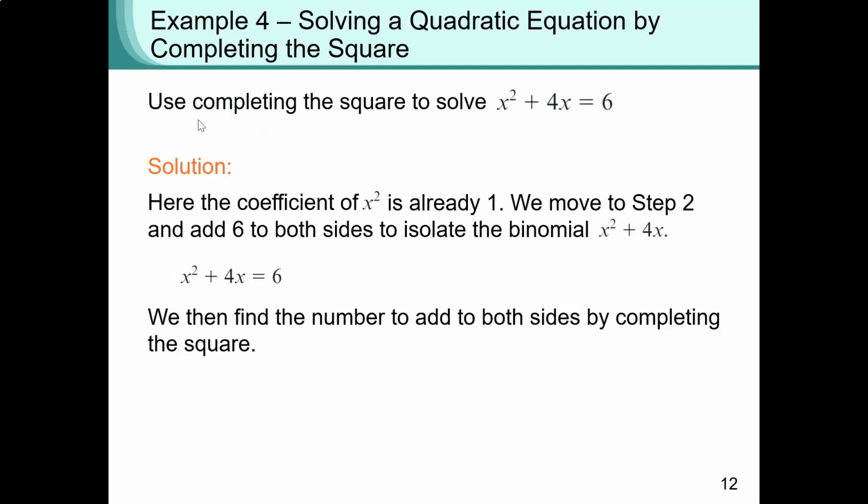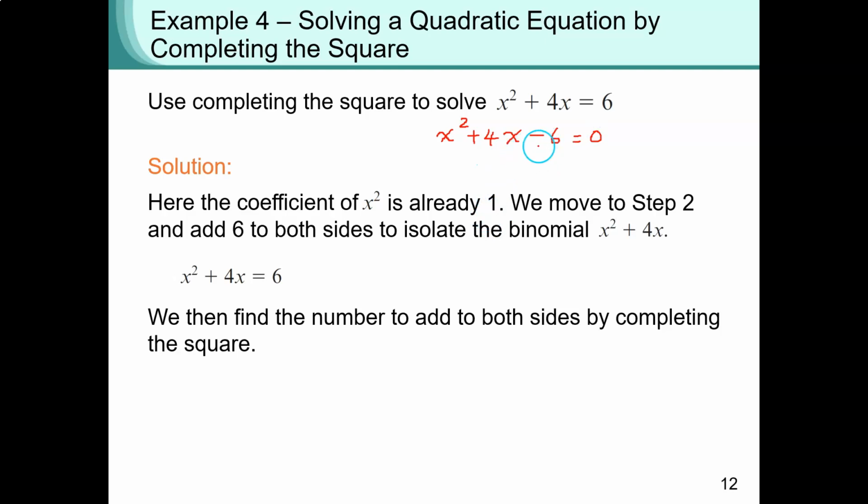When I have this equation, the first step, I will look at the equation and see whether we can do the factoring or not. If I bring the 6 to the left-hand side and rewrite the equation, I will have x squared plus 4x minus 6 equals 0.